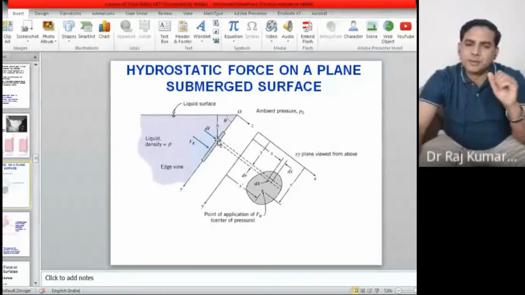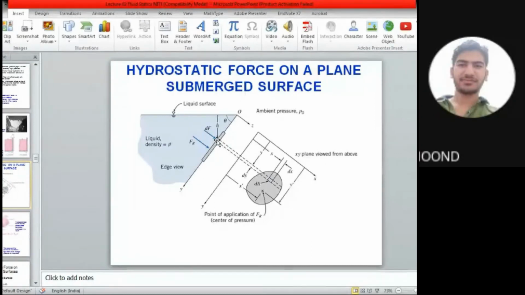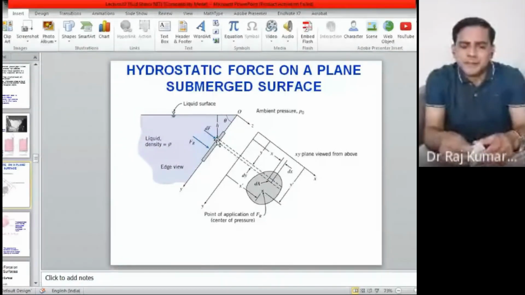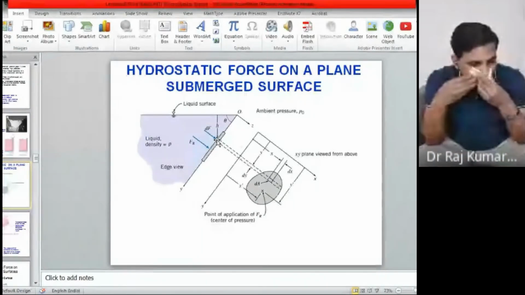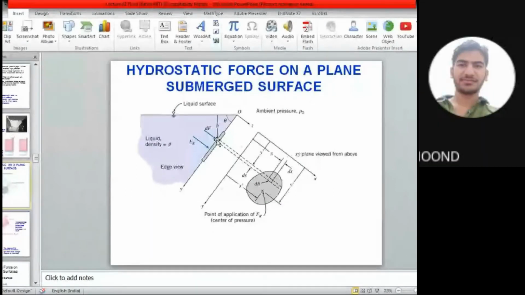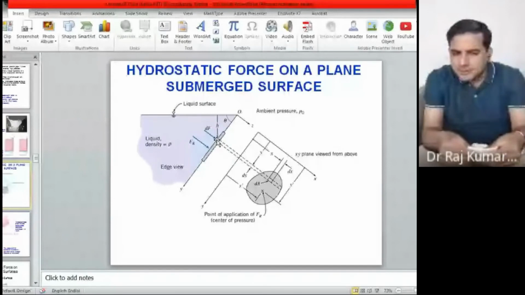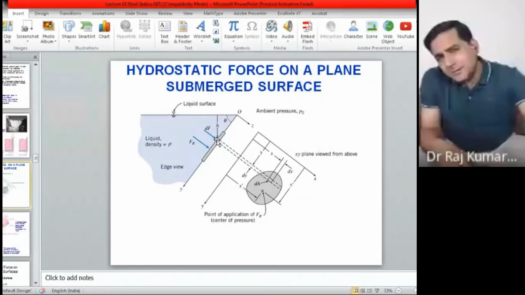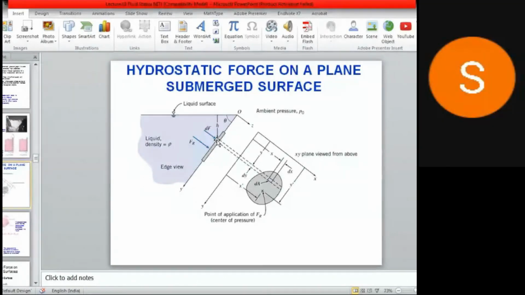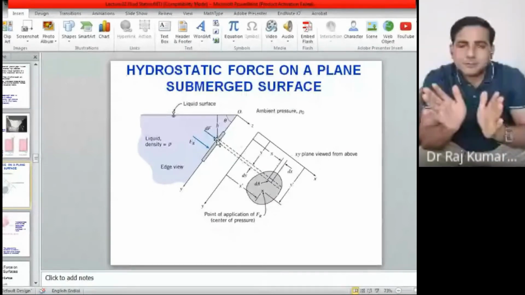What would be the pressure at the point here? dF, we don't know. dF we have to calculate. rho g and... what do you need for pressure? Tell me the formula for pressure. Simple. Force upon area. Pressure is just rho gh.